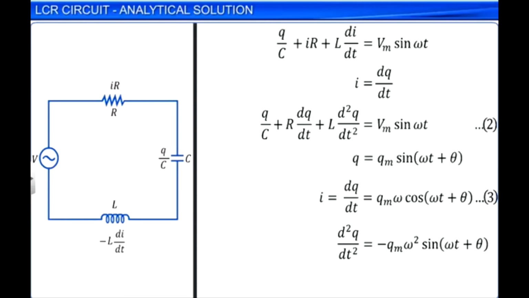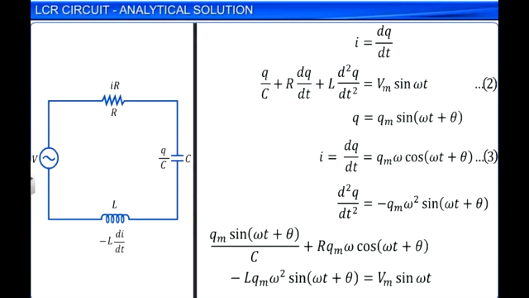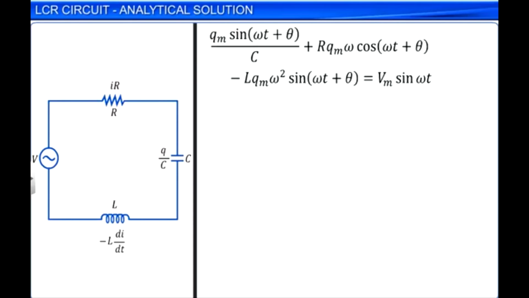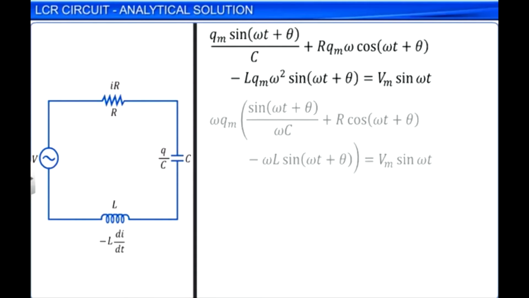Substituting these values in equation 2, we get Qm sin(ωt + θ)/C plus R Qm ω cos(ωt + θ) minus L Qm ω² sin(ωt + θ) equal to Vm sin ωt. Taking ω Qm common on the left-hand side and rewriting the expression, we get ω Qm into [sin(ωt + θ)/ωC plus R cos(ωt + θ) minus ωL sin(ωt + θ)] equal to Vm sin ωt.